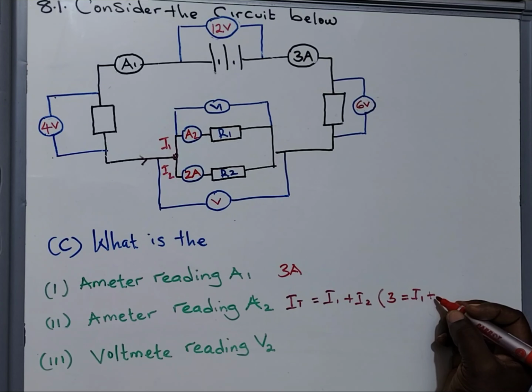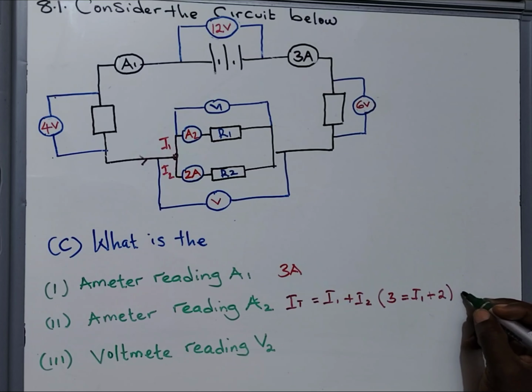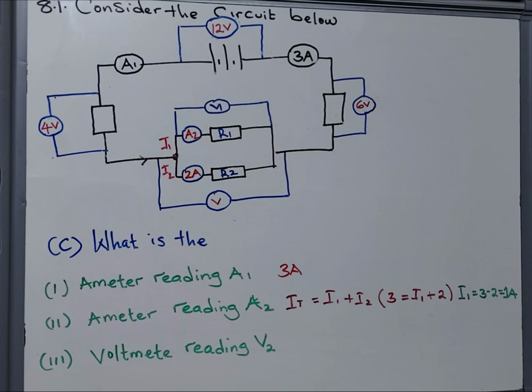But I2 is 2. So that's what we get. From here, we can categorically say that our I1 is 3 minus 2, giving you 1 ampere. So I1 is 1 ampere.